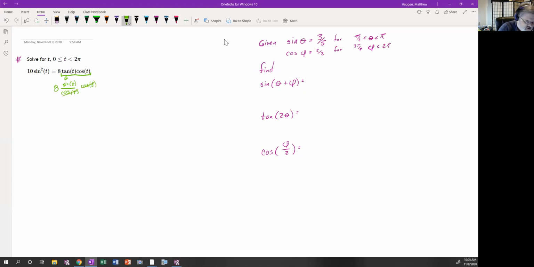Then those cosines naturally cancel each other out. So tangent times cosine is sine. So that right-hand side is just going to turn into 8 sine t, and then the 10 sine squared t on the other side.